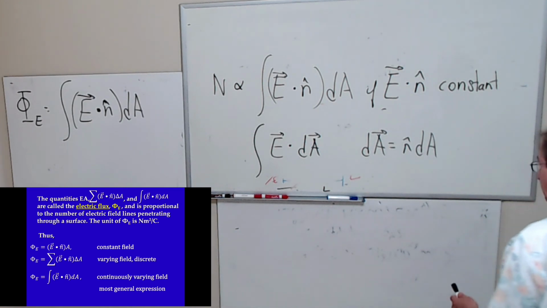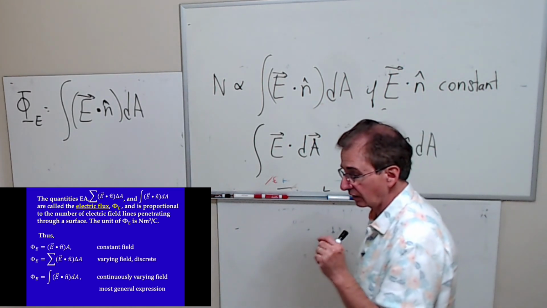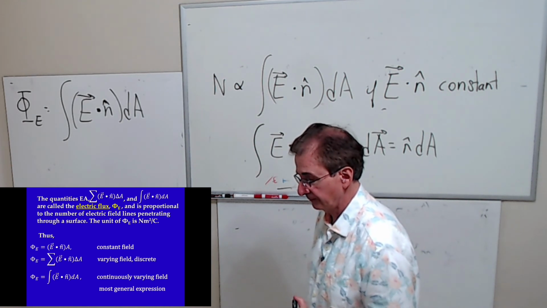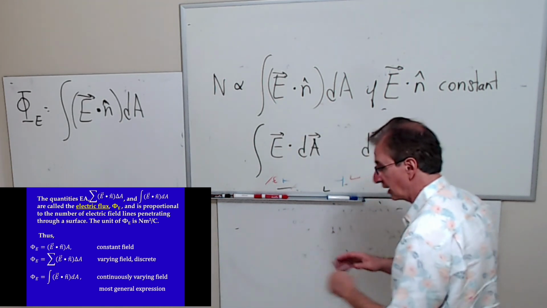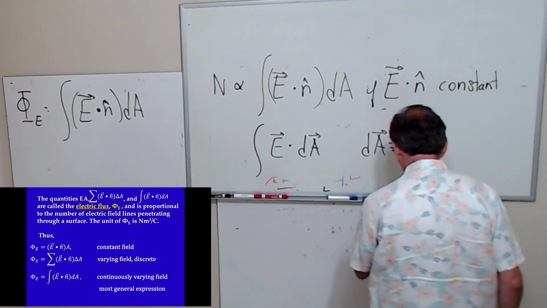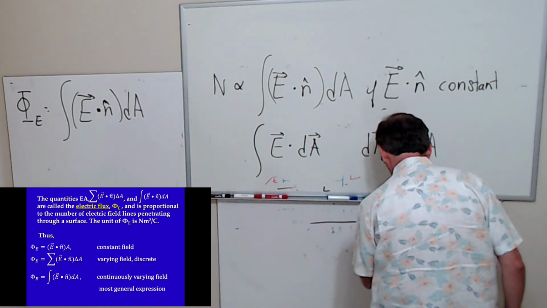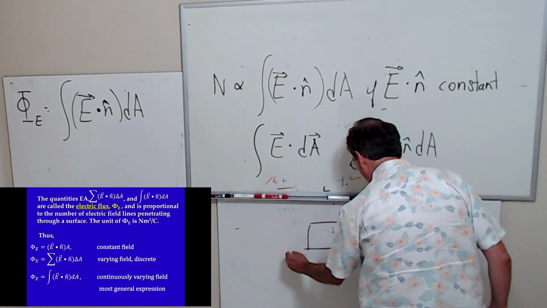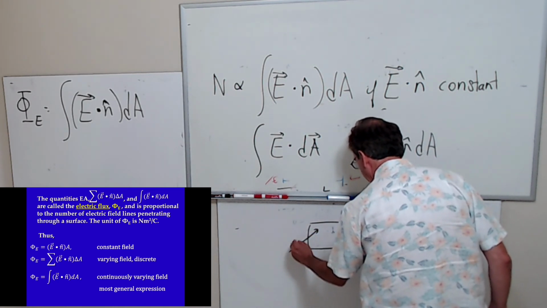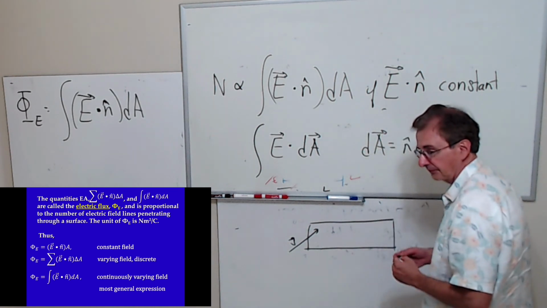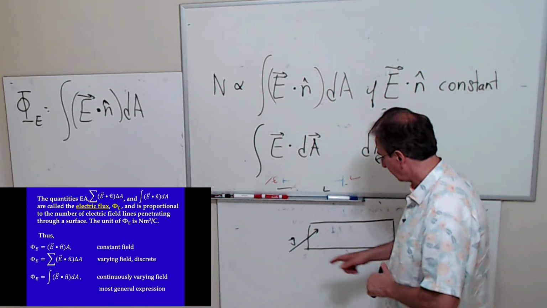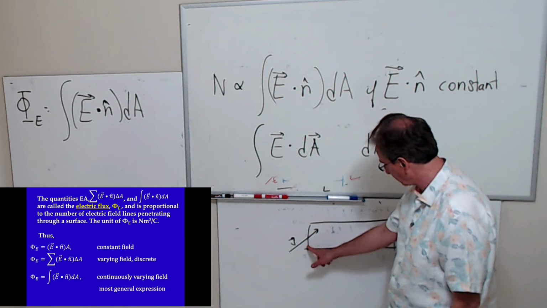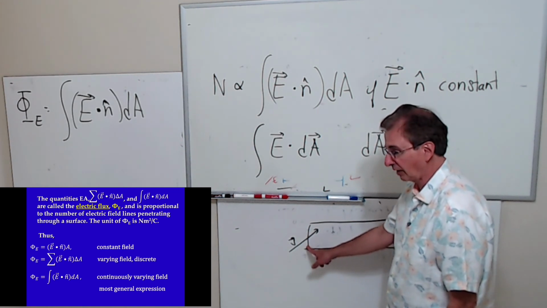And the reason is that you need to find out the component of the field that penetrates the surface. Let me give you an example. Suppose I have a pipe with water flowing in it, with velocity v. Isn't it true that only the component of v that is perpendicular to this surface penetrates the pipe?